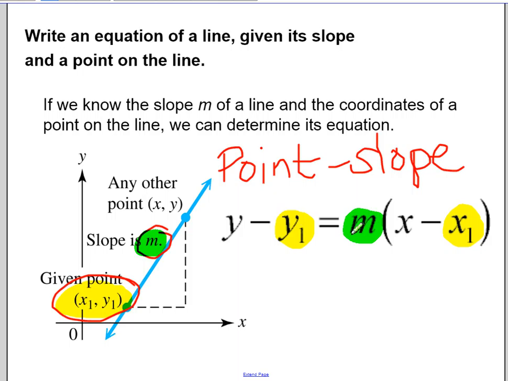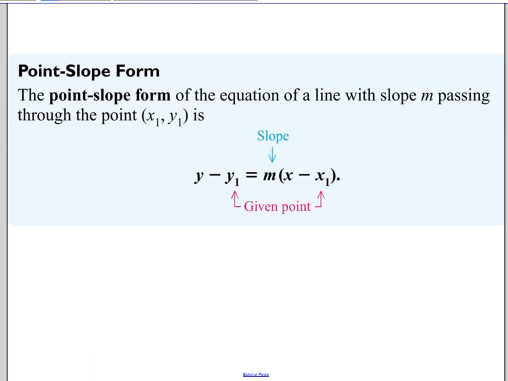And that is how we find the equation of a line if we're given a point and a slope. Again, to reiterate, the point-slope form of the equation of a line with slope m passing through the point x1, y1 is given here. So again, you're plugging in values for x1 and y1 as your given point and the slope of m.